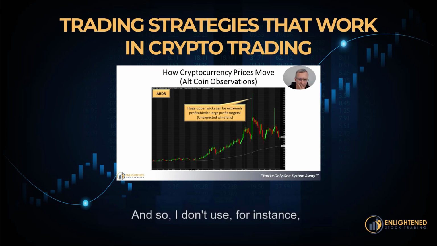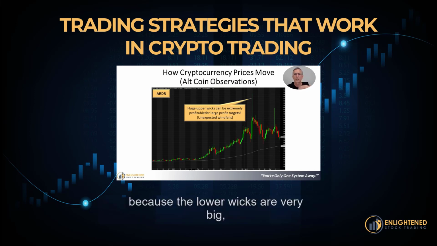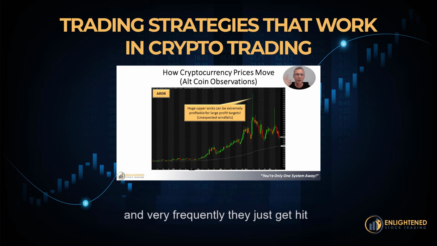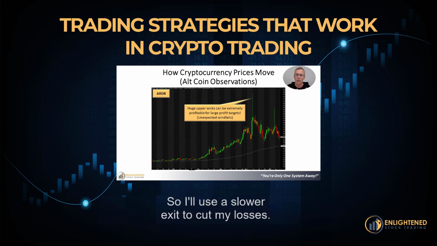And so I don't use, for instance, in-market stop losses on this, because the lower wicks are very big, and very frequently they just get hit and it bounces straight back up. So I'll use a slower exit to cut my losses. I still cut my losses, but I'll wait for the market close, the tick over of the daily bar, and exit then, rather than exiting on a stop loss in the market, because too often your stops just get hit.